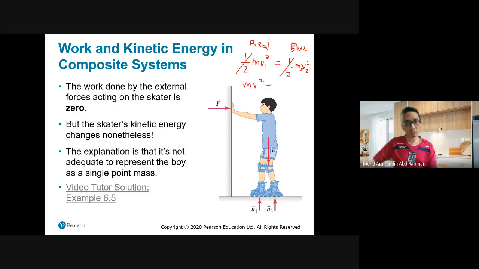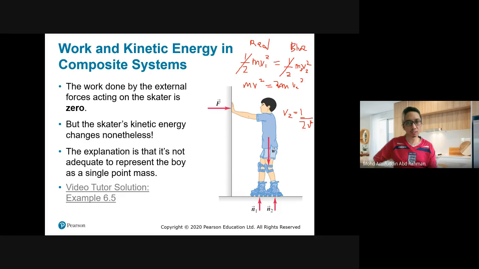We need to know what our v2 is. So here we have 2m, and v2 squared, equals half of v squared.